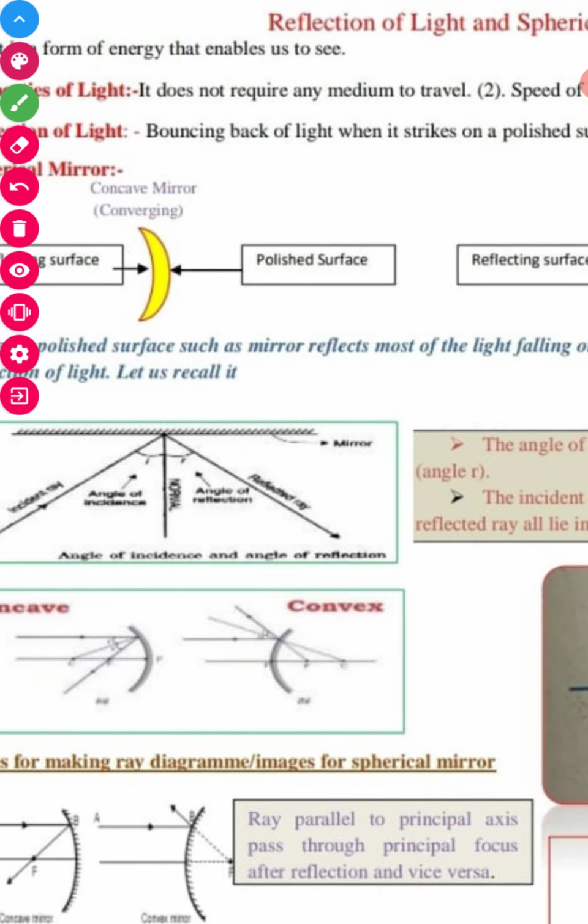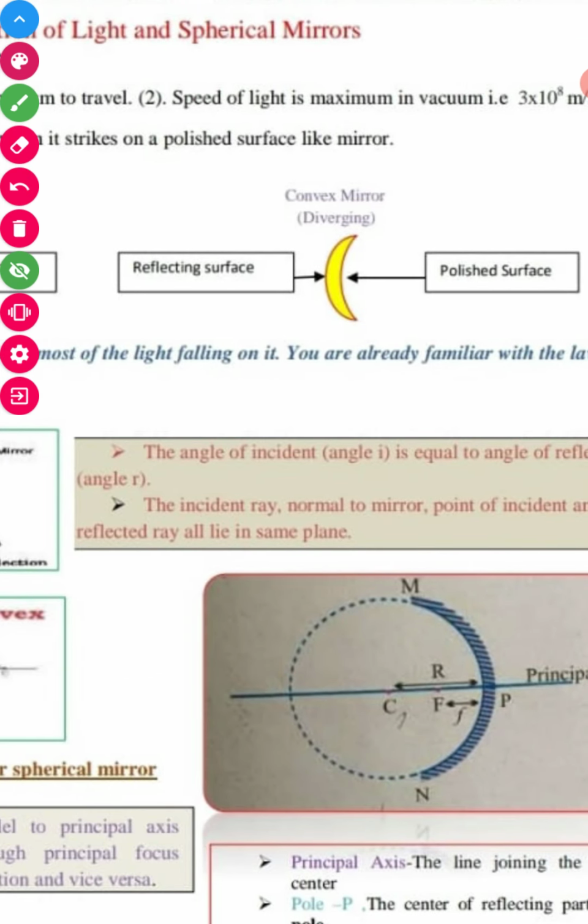Likewise, if we say another part of our spherical mirror, we have convex mirror. This is called divergent mirror, means it spreads the light. Okay, and this is its reflecting surface, and this is polished surface. If you see, they both are the part of your spherical mirror. How?